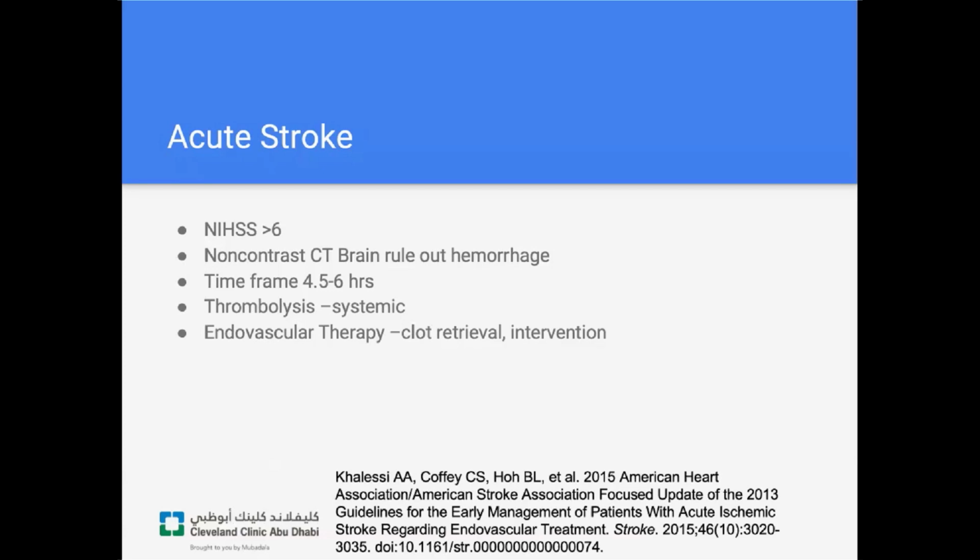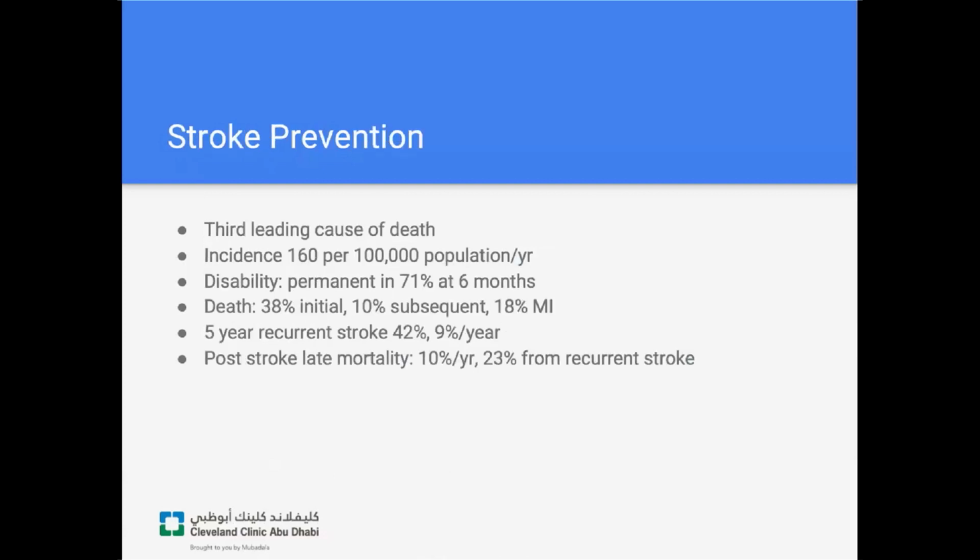Endovascular therapy is also recommended, and that's within a 6-hour time frame for clot retrieval and intervention.